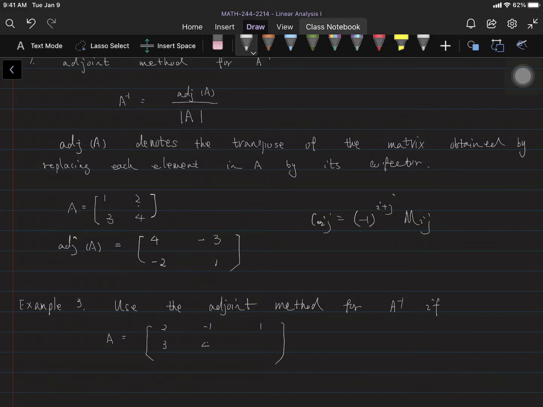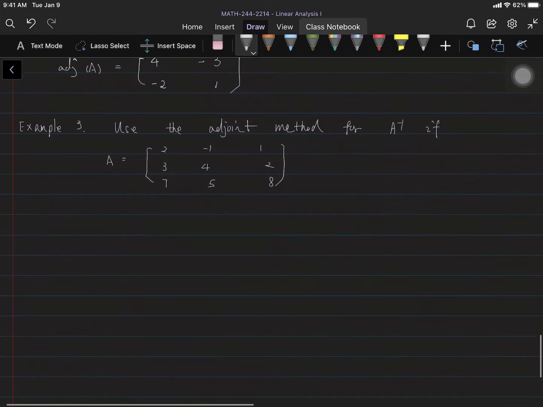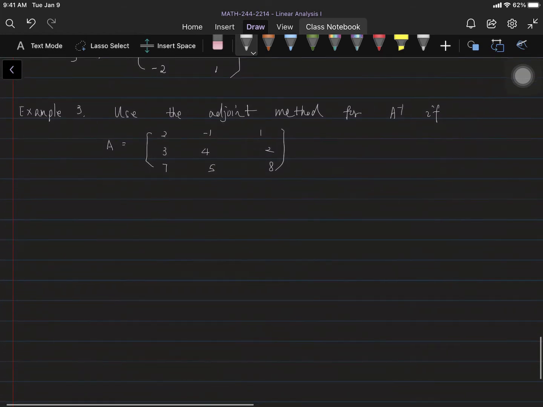This is 3, 4, 2, 7, 5, 8. Okay, let's see. We want to use adjoint method. So first step, we can find the adjoint matrix of A.